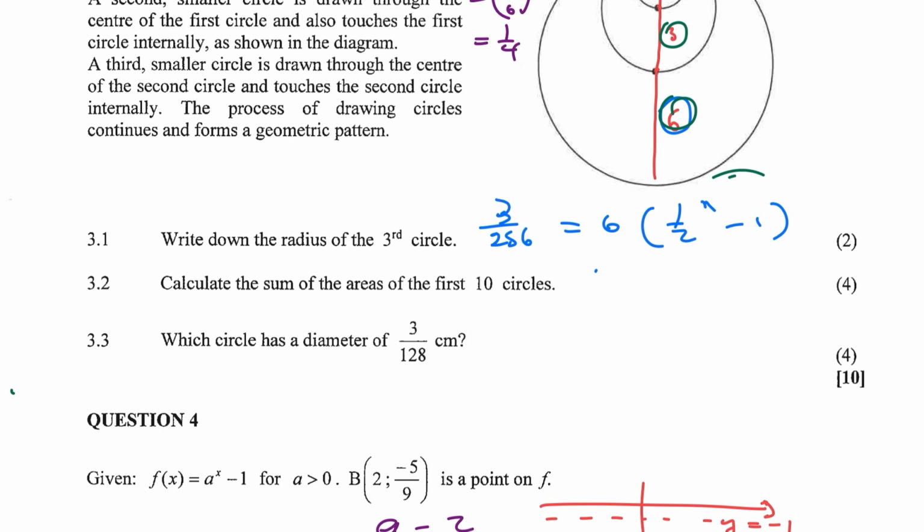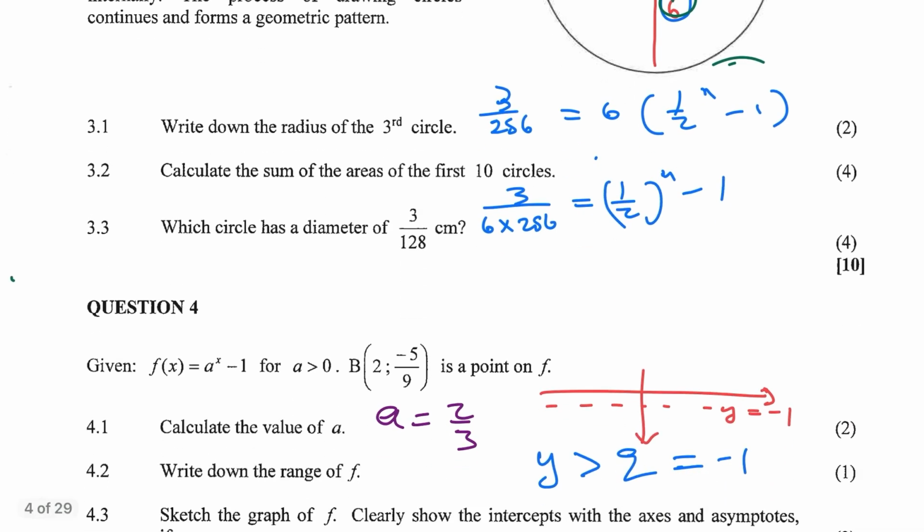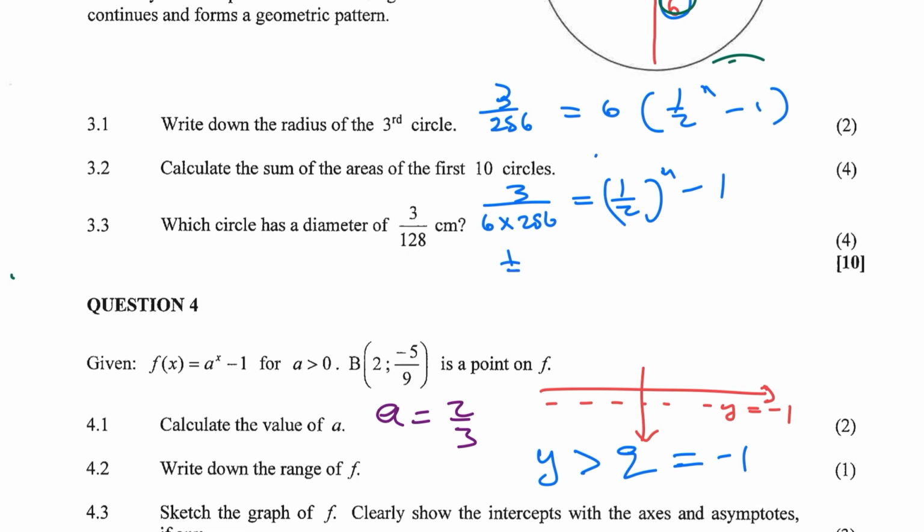So we're just solving for n. I'm going to divide by 6 on both sides. You're going to have 3 over 6 times 256 is equal to 1 over 2 power n minus 1.